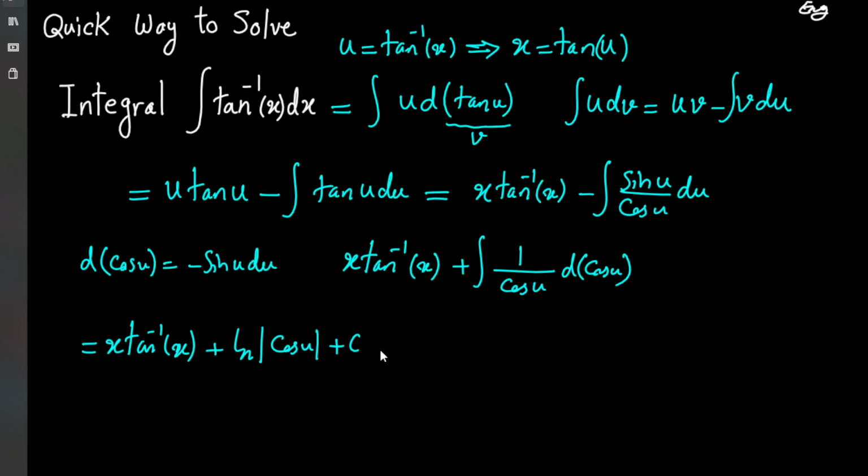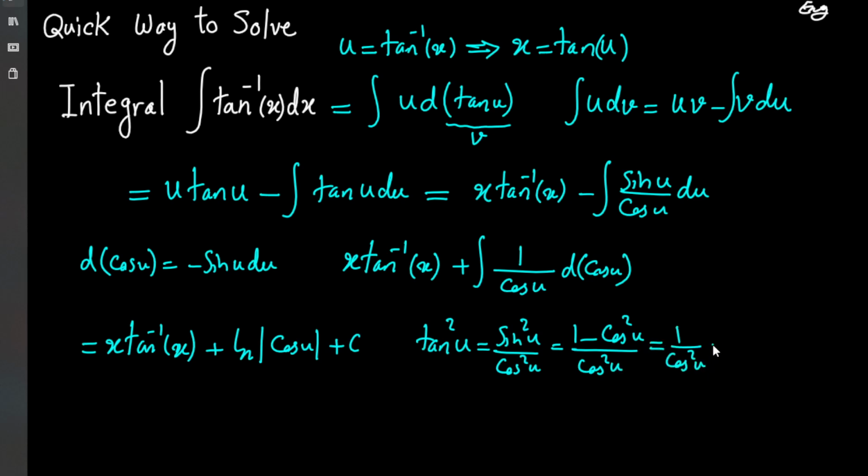So what I'm going to do is use the well-known trigonometric property that tangent squared of u is sine squared over cosine squared, and sine squared is 1 minus cosine squared, so over cosine squared, and of course this is 1 over cosine squared plus minus 1.